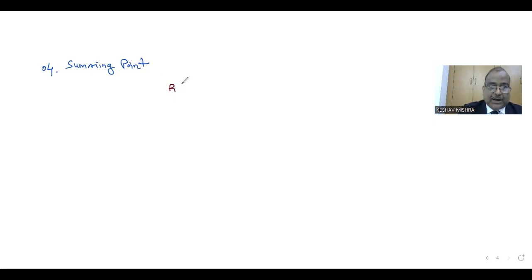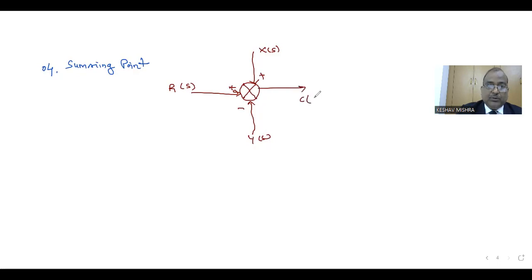If one input is R(s) and this is given to a point that can combine many inputs, suppose this algebraic sign is positive, then another input is X(s), which is also positive, and one input is Y(s), which is suppose negative, then we can find the final output C(s), that is R(s) plus X(s) minus Y(s).